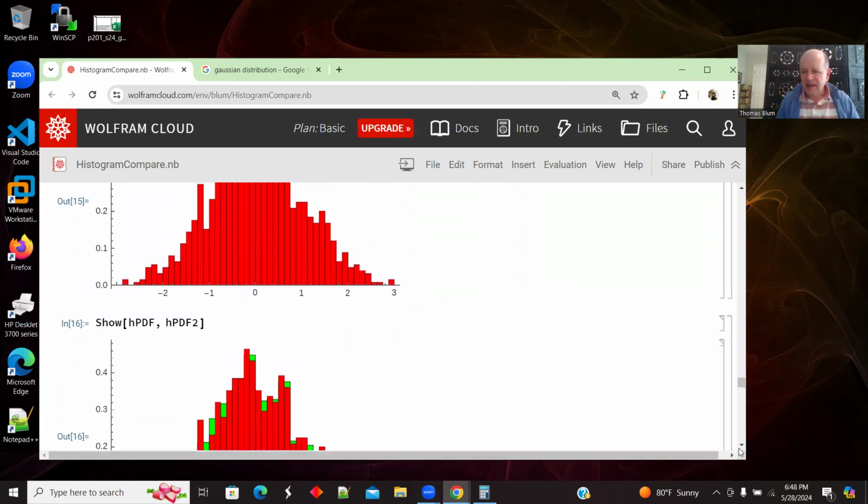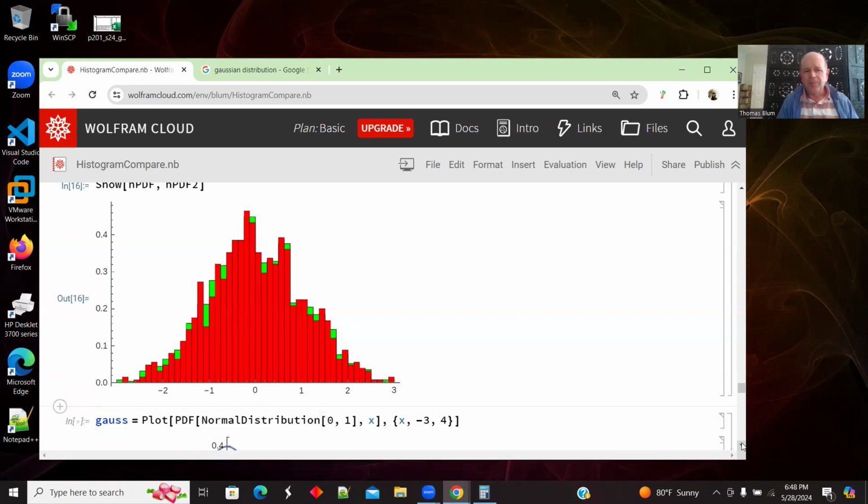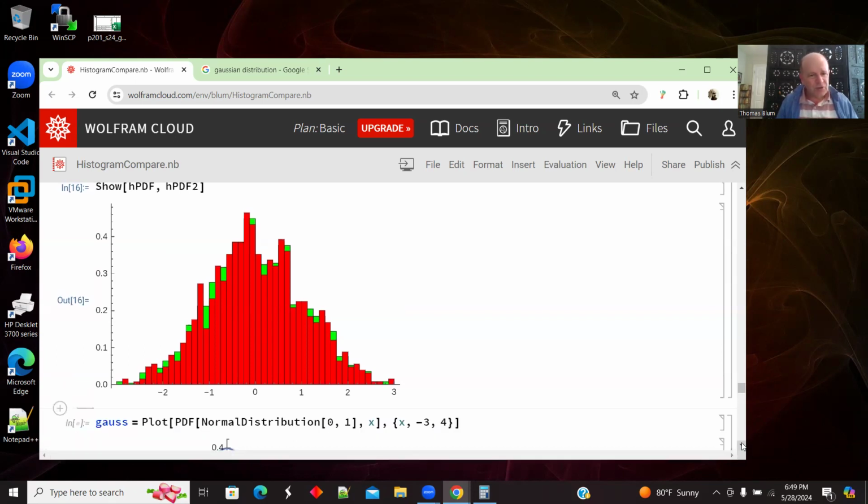And you can see that they're very similar. So this PDF version of the histogram is less dependent on the width. The heights have gained some independence from the width of the bins that you've chosen.